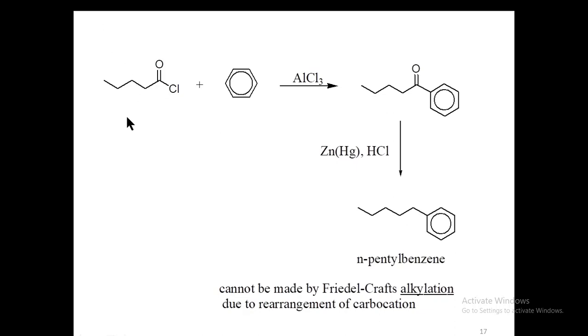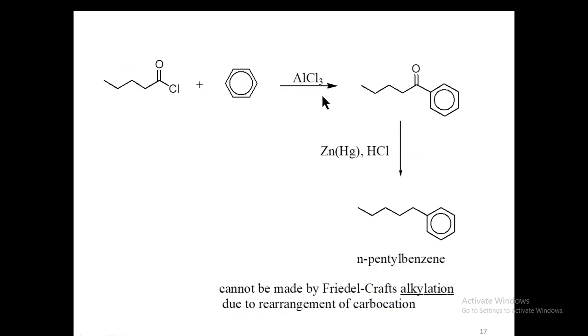Now look at this reaction. You know about Friedel-Crafts alkylation and acylation. So this is acylation, with aluminum chloride, a Lewis acid, then Clemmensen reduction, giving N-pentyl benzene. It cannot be made by Friedel-Crafts alkylation due to rearrangement of the carbocation.